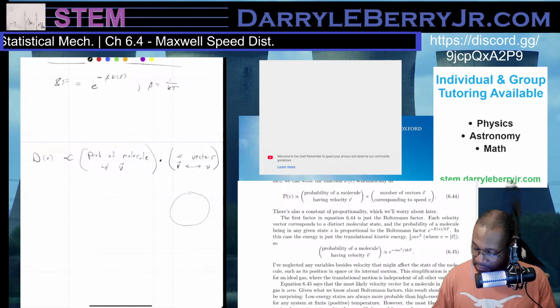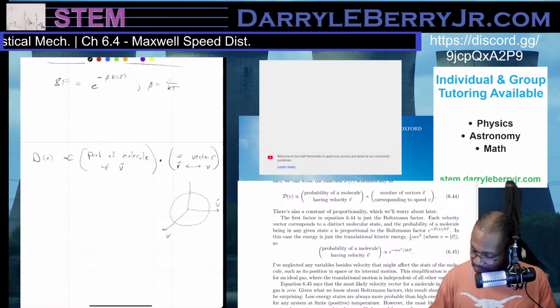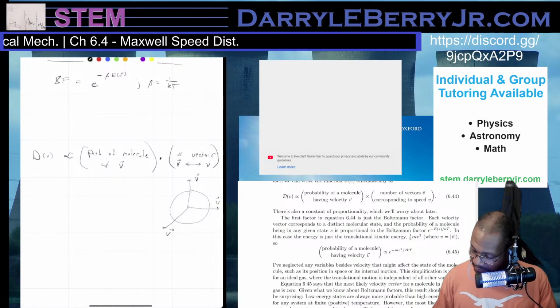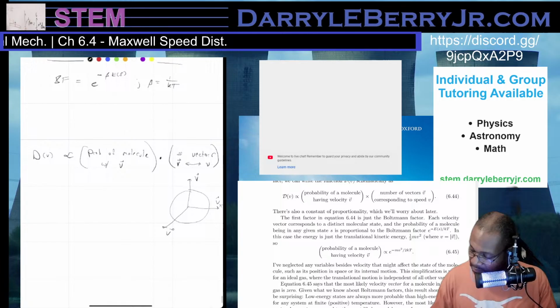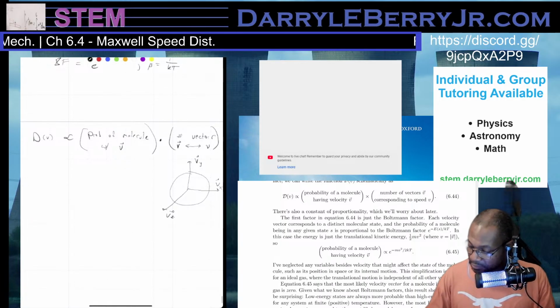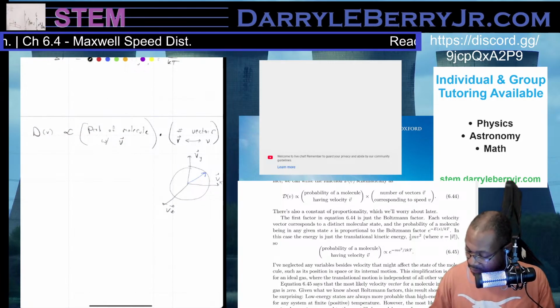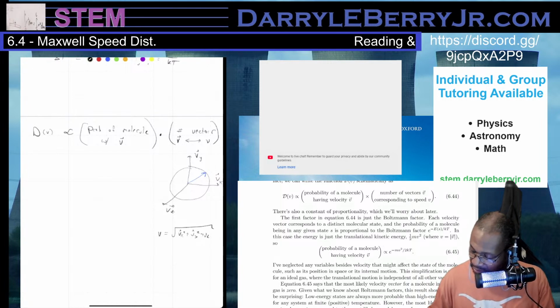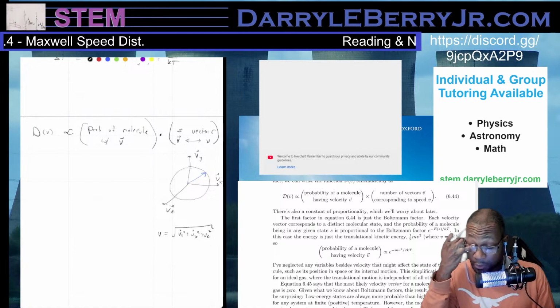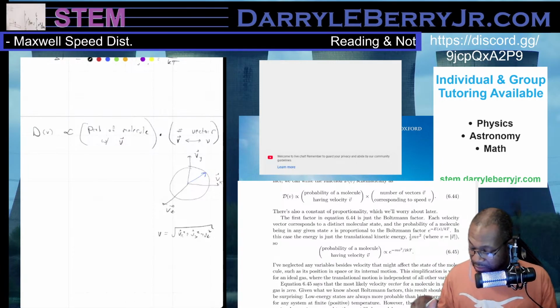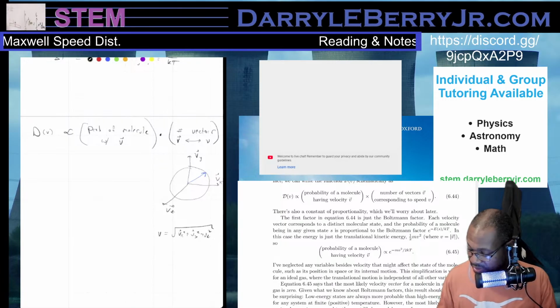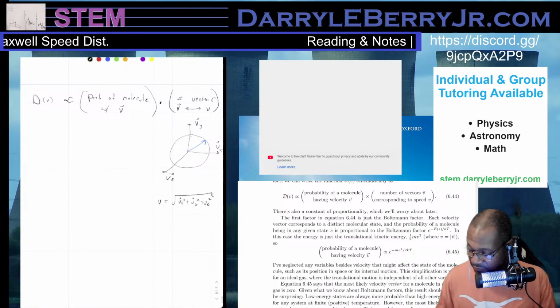So if we have v, x, y, and z, and we pick one vector going at this speed, you can have v equals the square root of vx squared plus vy squared plus vz squared, and all 4 pi of the area of the sphere will equate to that same v if you pick the proper values of vx, vy, and vz.